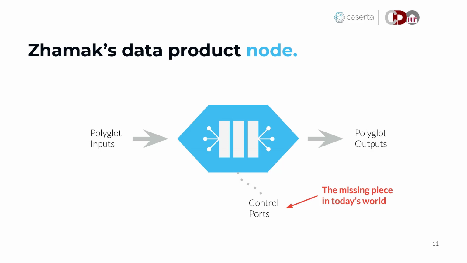Let's stop having a centralized team of developers start building new pipelines every time there's a new request. The concept is to have a control port, which, think of it as a big giant configuration file. And that big giant configuration file is going to be a mixture of data, metadata, and code.